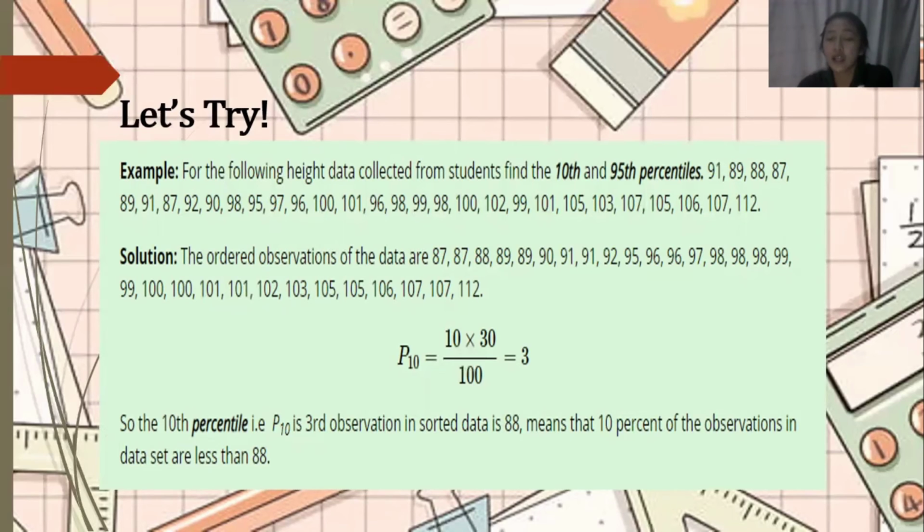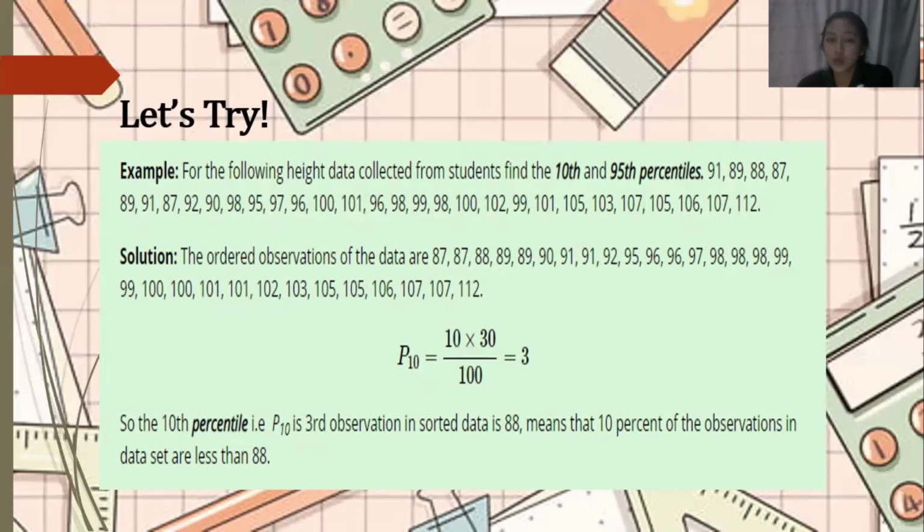The given are 91, 89, 88, 87, 89, 91, 87, 92, 90, 98, 95, 97, 96, 100, 101, 96, 98, 99, 98, 100, 102, 99, 101, 105, 103, 107, 105, 106, 107 ulit, at 112.